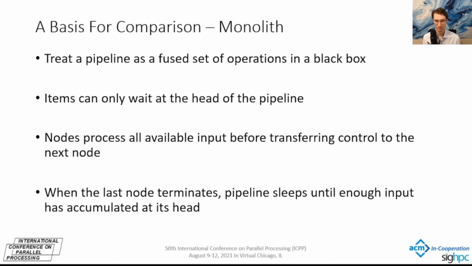When the last node terminates and all of its inputs have been output, the pipeline sleeps until enough input has accumulated at its head. We believe that this model of computation is in line with the style of computation typically associated with GPUs, where you batch process inputs without introspection into what is actually happening in the kernel while it's processing.